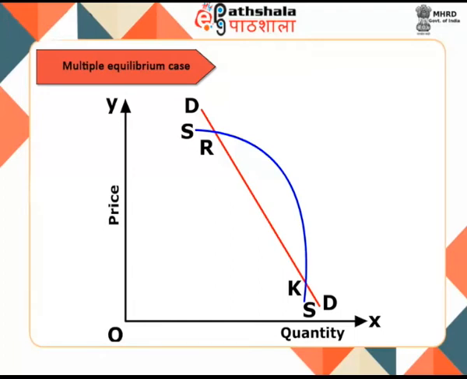Supply curve SS intersects demand curve DD at points R and K, yielding multiple equilibria. The cases of multiple equilibria are, however, rare and not of much practical importance.